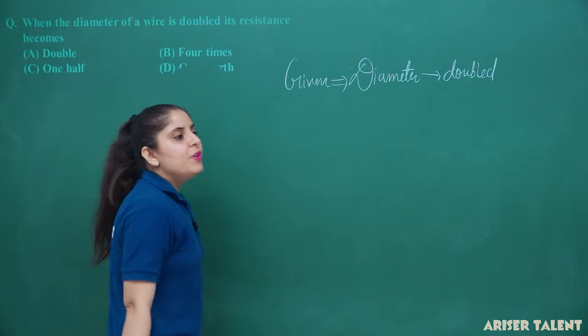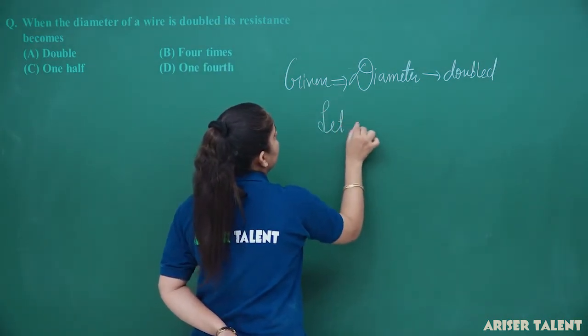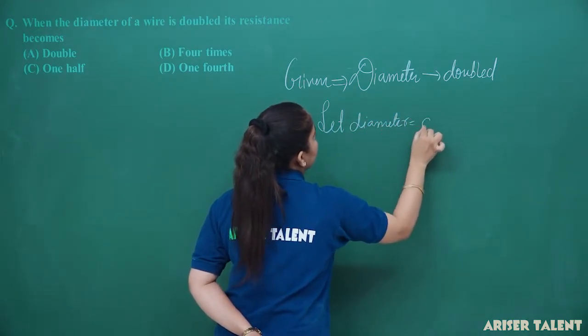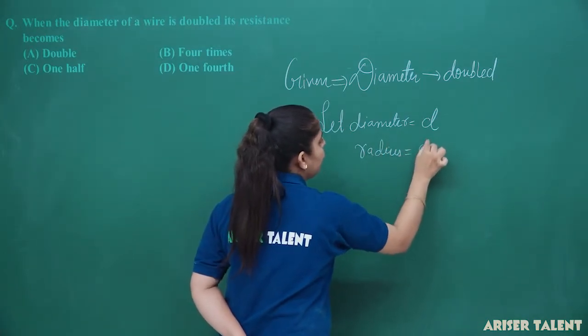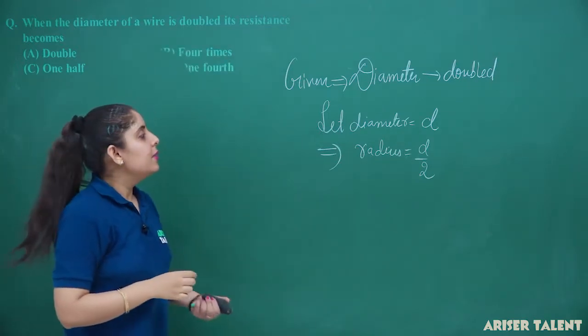Suppose we are having a diameter equal to D. Let diameter equal D, radius equal to D by 2. Why D by 2? Because radius will always be half of the diameter.